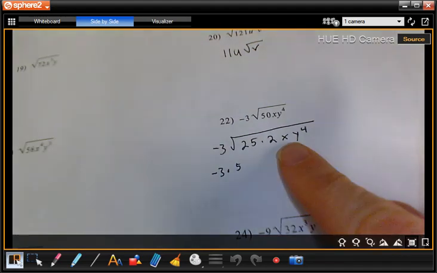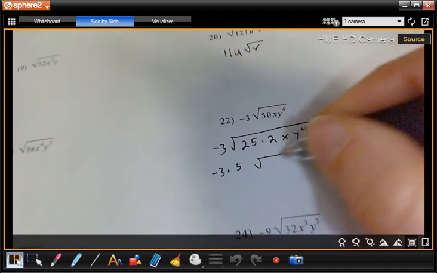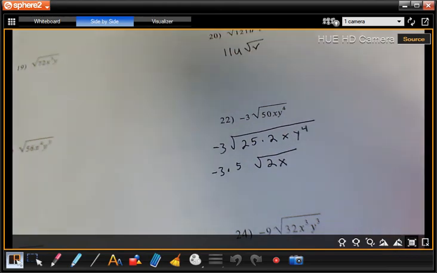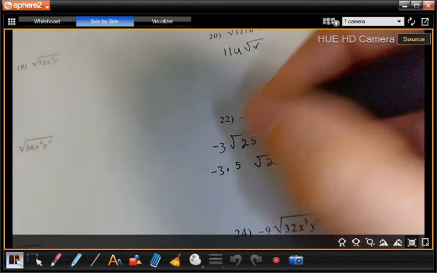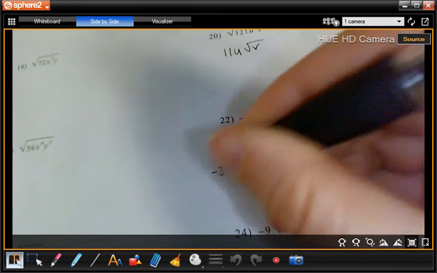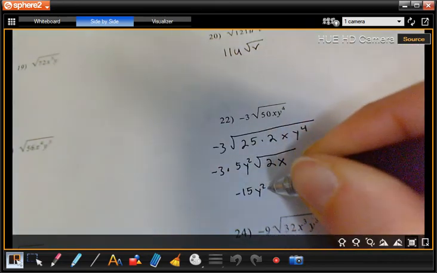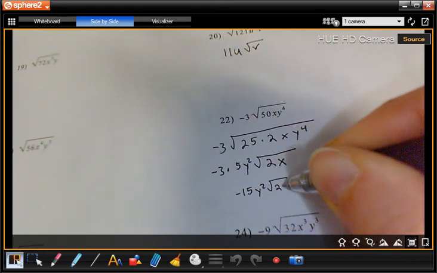How many pairs of x's do I have? Do I have any? Nope, just one x, so I leave it inside. How many pairs of y's do I have? I've got 4 y socks, so I have 2 pairs, yes. Negative 3 times 5 is negative 15 y squared, square root 2x.